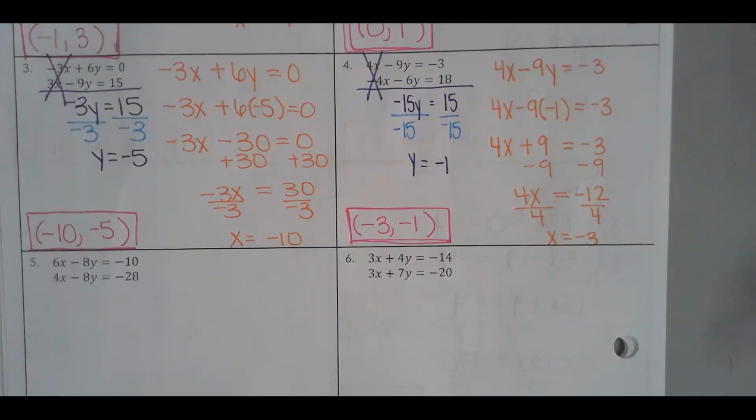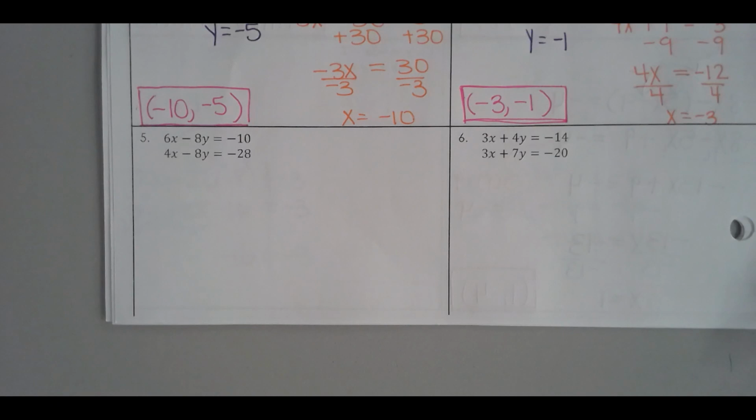Are there any questions before we take it up a notch? All right, well, let's look at number 5. If I add straight down, am I going to be able to eliminate a variable? You might want to cross out the y.